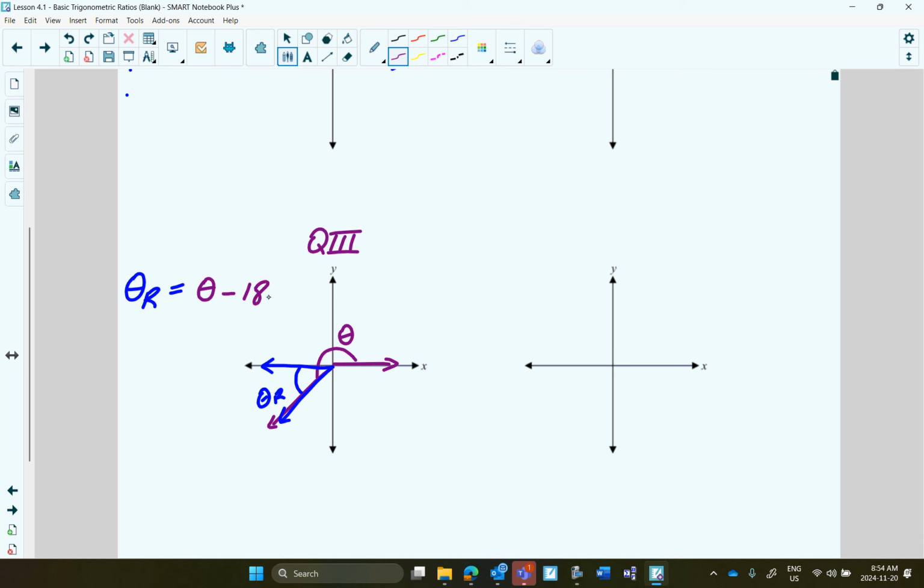If I'm asked to go the other way, if I'm given the reference angle and told that it's in quadrant 3, how would I do this? I would have to take the reference angle and then add 180 to get the entire angle theta. So it'd be the reference angle plus 180 degrees. Quadrant 3 is a little tricky. It's not the same operation to find the reference angle or the original angle theta.